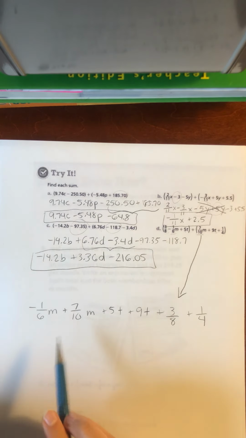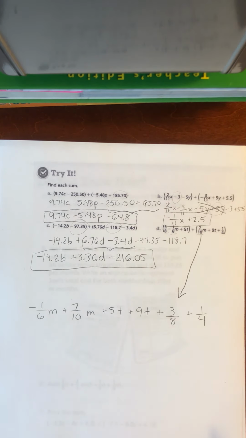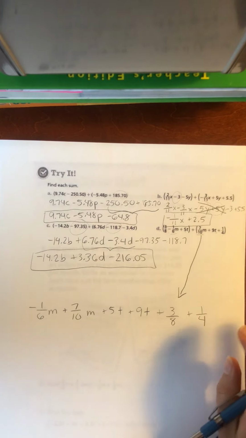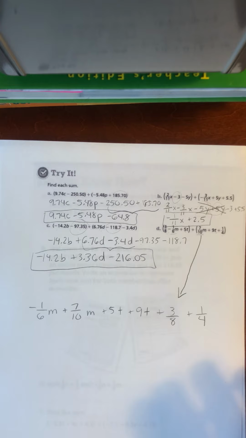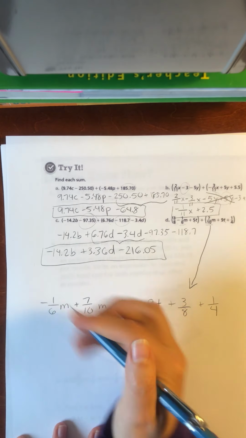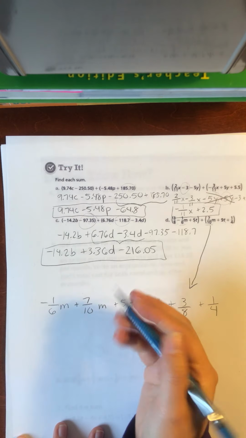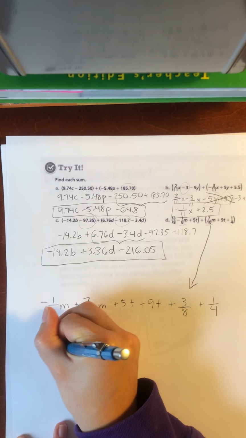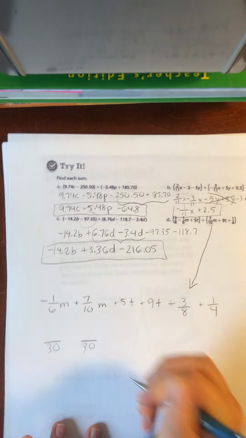Okay, so first off, -1/6m plus 7/10m, we can combine these, but we need a common denominator. So the common denominator, the smallest one that I can think of, is 30. They both go into 30. If you put them into 60, that would be fine, but you would have to reduce at the end. So 30 is our common denominator.